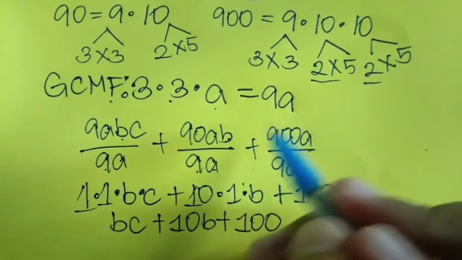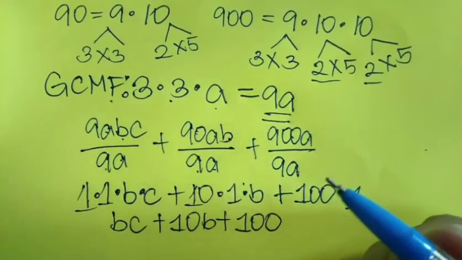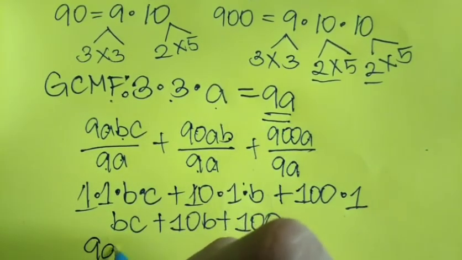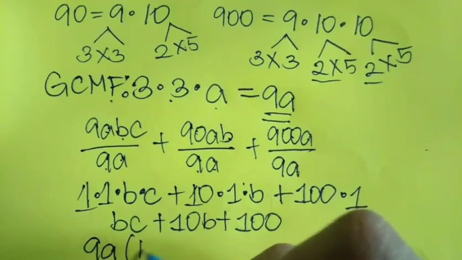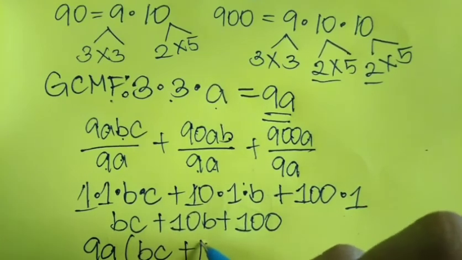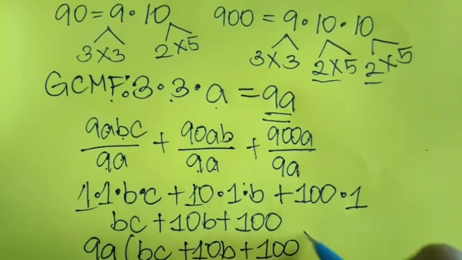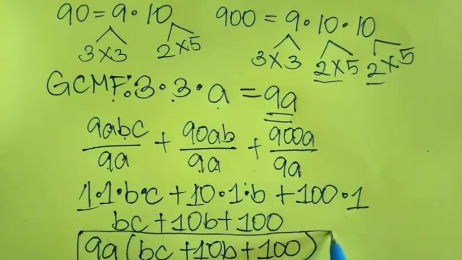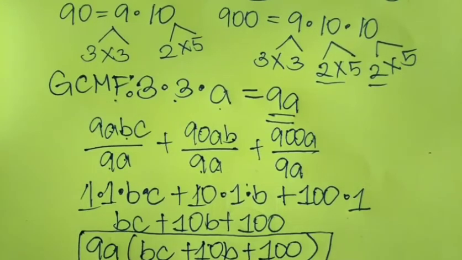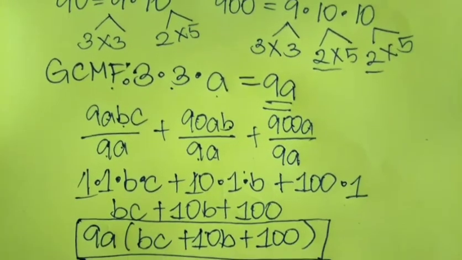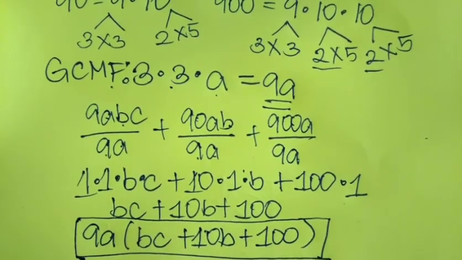And combining that with the GCMF, we have 9A multiplied by quantity BC plus 10B plus 100. So that is the final answer for problem number 3.